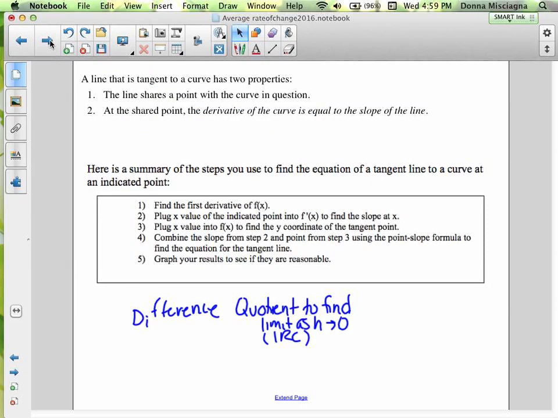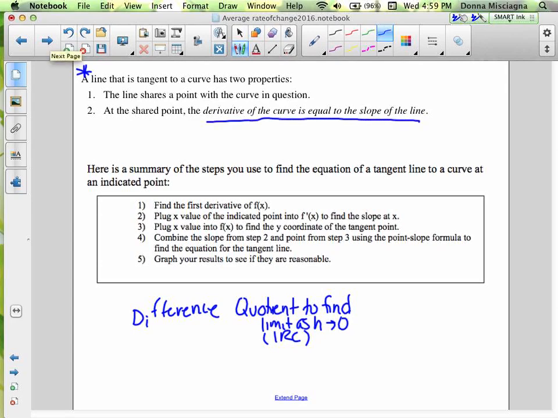So a line that is tangent to a curve has two properties. The line shares a point with the curve in question. At that shared point, the derivative of the curve is equal to the slope of the line. Make sure this is in your notes. This is another key idea.